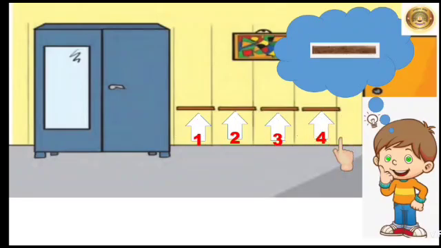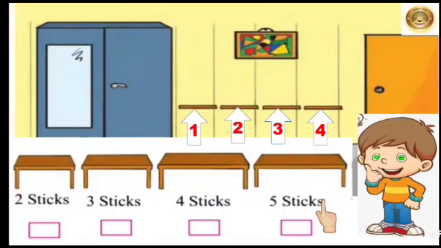Now with that stick he went to the shop and measured each table with that stick. And he found that the first table is of 2 sticks, the second table is of 3 sticks, the third table is of 4 sticks and the fourth table is of 5 sticks. So can you tell me children, which table he will choose?